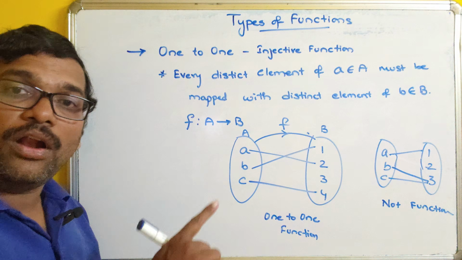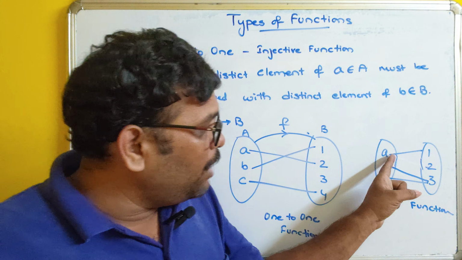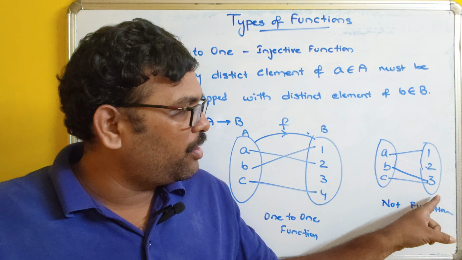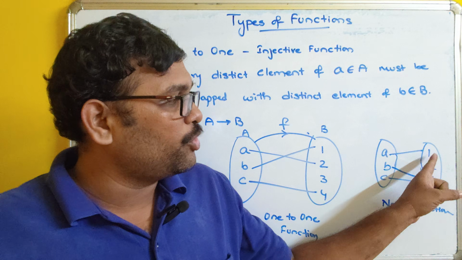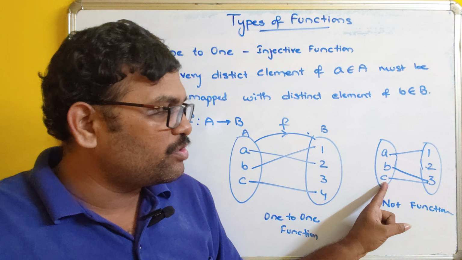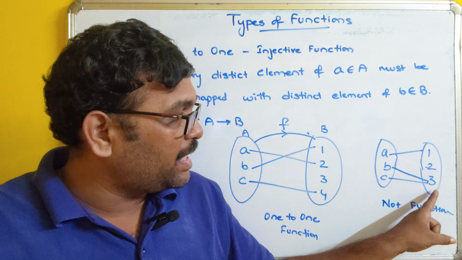so this is a function because every element of A is associated with only one element in B. So a is associated with only one element 1, b is associated with only one element 3, c is associated with only one element 3.